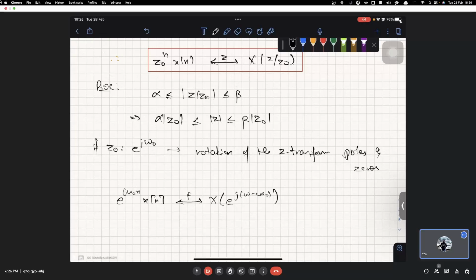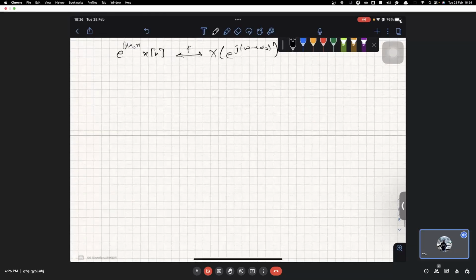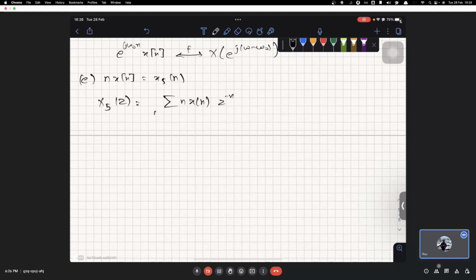Okay, so this is one more, and then the final one we'll be doing is n times x of n, which is equal to x5 of n, let's say. So x5 of z is equal to the sum of n times x of n z power minus n from n equal to minus infinity to infinity.